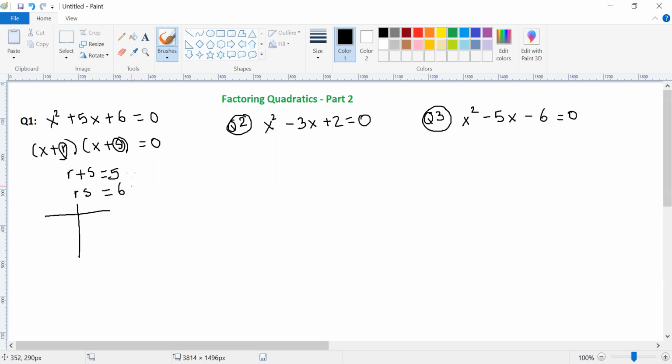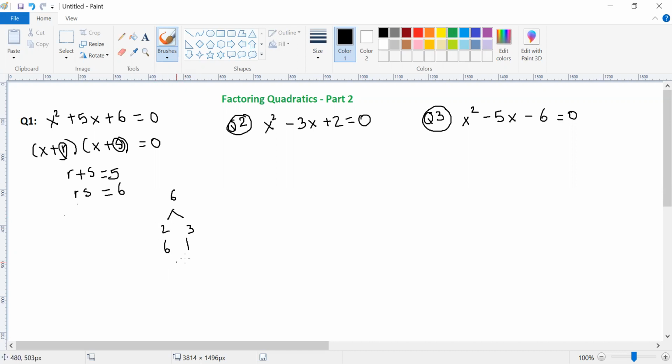I like to write out all of the factors. You can either do it as a table, but I prefer to do it as an unsimplified factor tree, per se. That would look something like 6 is equal to 2 times 3, or 6 times 1.